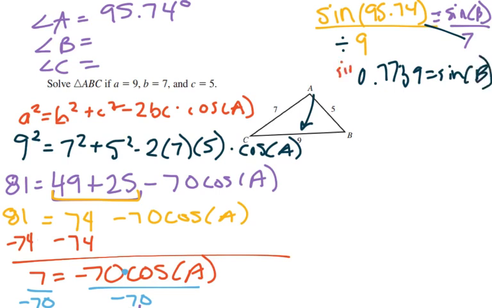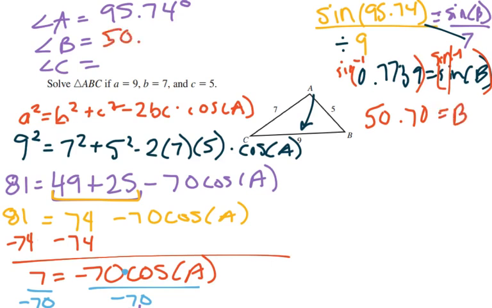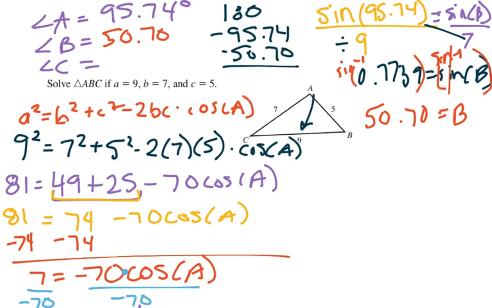Take the sine inverse of both sides to cancel the sine. And we get 50.70 for angle B. Which means that in order to get angle C, we subtract 95.74 and 50.70 from 180.